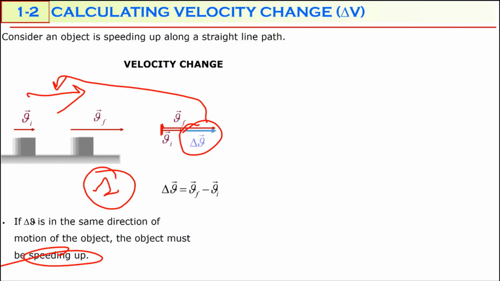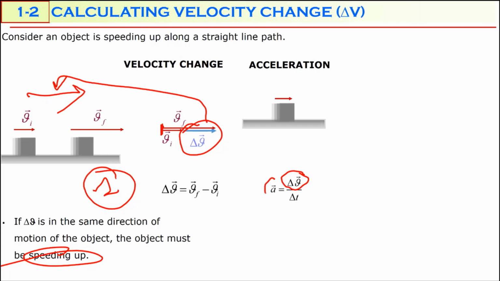Second thing, acceleration. Definition of acceleration is what? Delta V divided by delta T. This equation says delta V and acceleration will be in the same direction, because when you divide a vector by a scalar, its direction does not change.